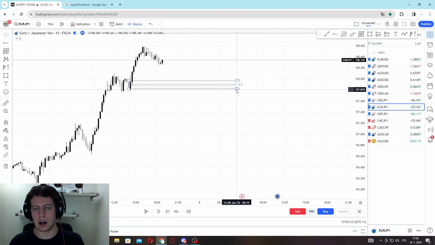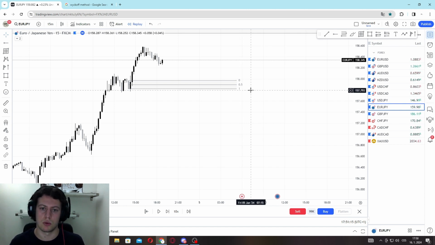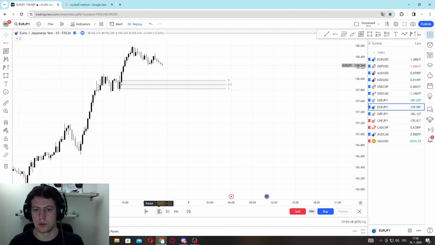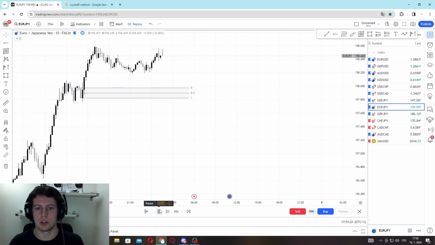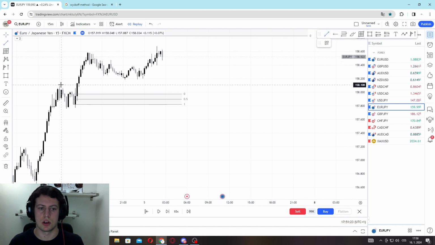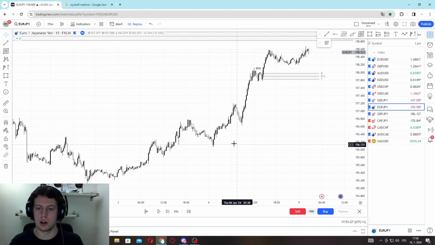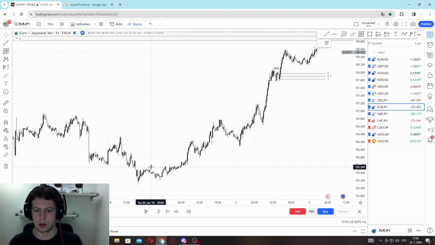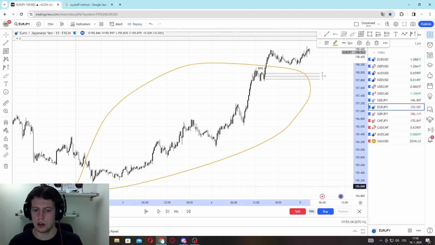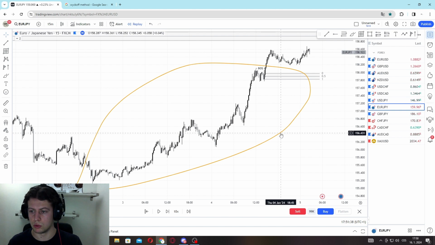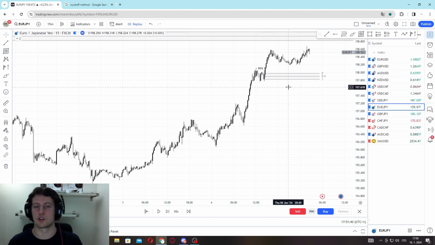It's a harder trade, but we can somehow figure it out. Because we have a break of structure, we are in this scenario, we are in the uptrend. You can see that from here we are in the uptrend. So I wanted to buy because it's a short term.